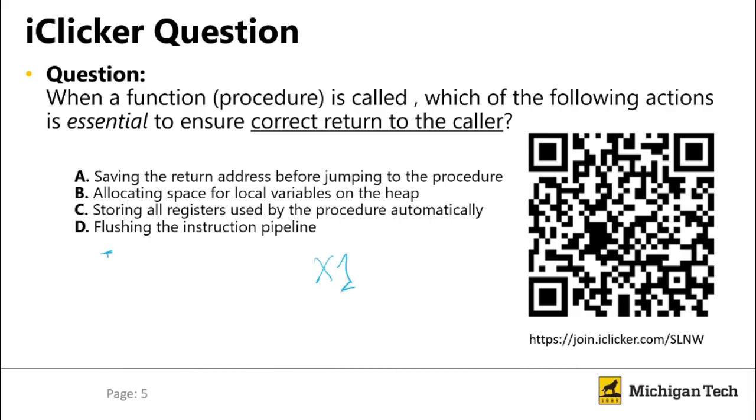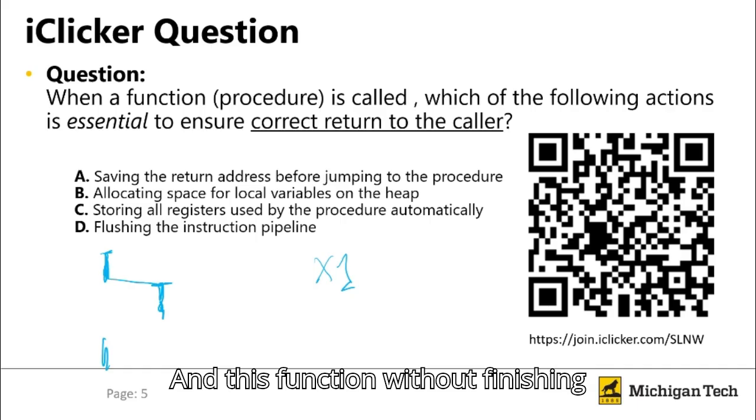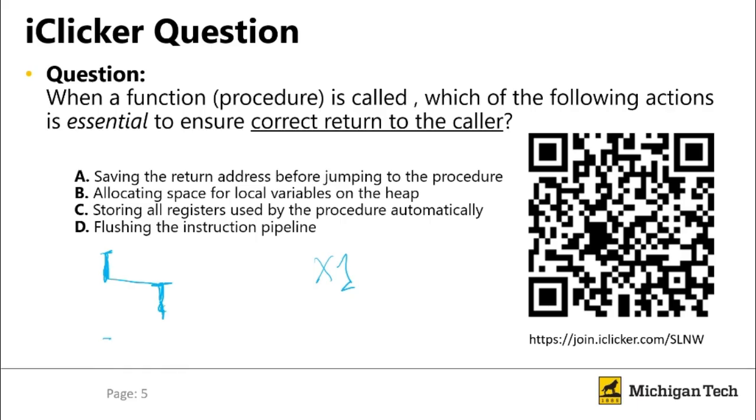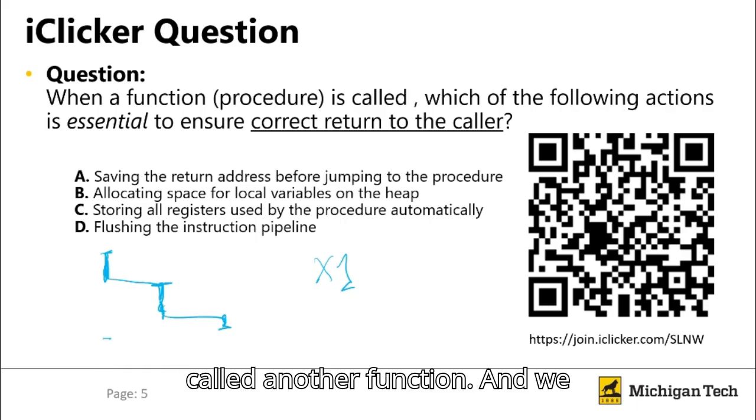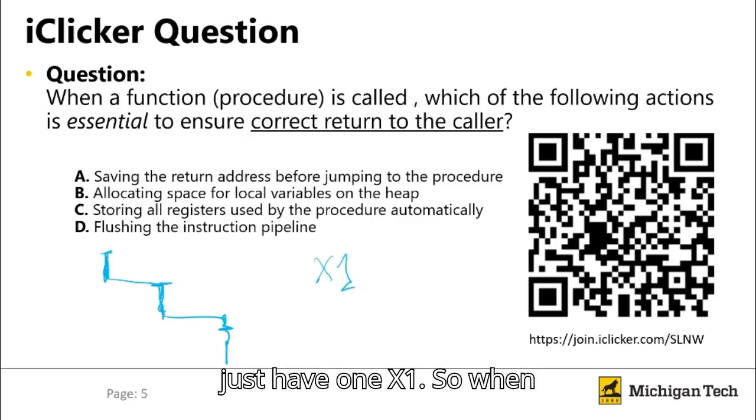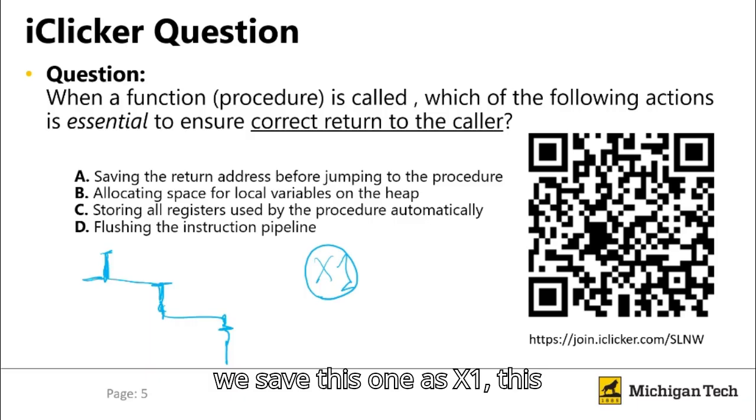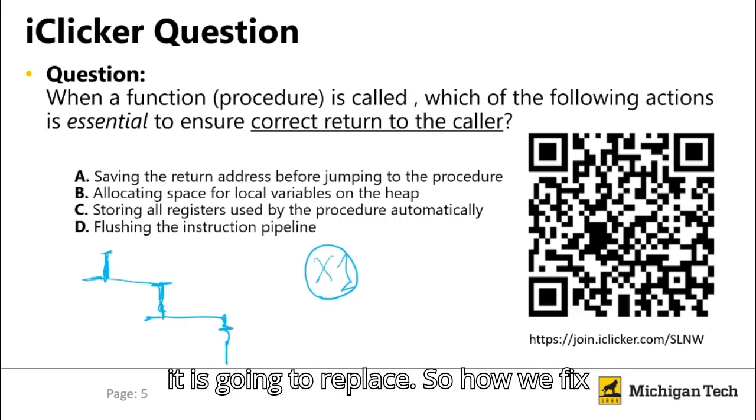You have this function calling another function, and this function, without finishing, calls another function, and we just have one x1. So when we save this one in x1, this one also wants to save the return address inside x1. So it's going to replace it.